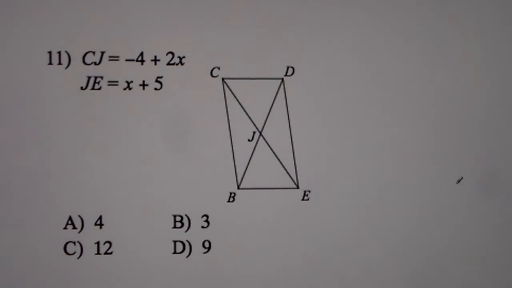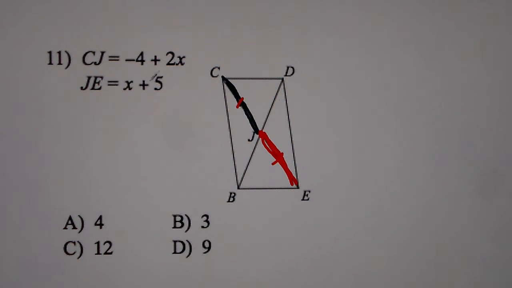All right, number 11. CJ, this line right here in green, is equal to this red line here, JE. They're the same distance because when we have a diagonal in a parallelogram, it chops the other diagonal in half.